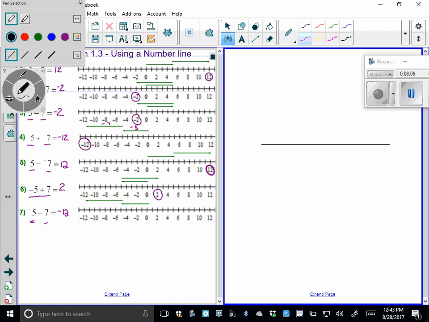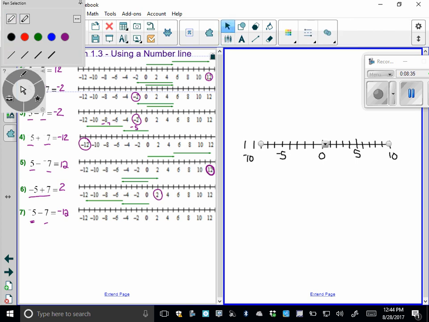So, for example, if this is 0, and that's 5, and that's 10, and that's negative 5. And that's negative 10. Let me stretch that line out.